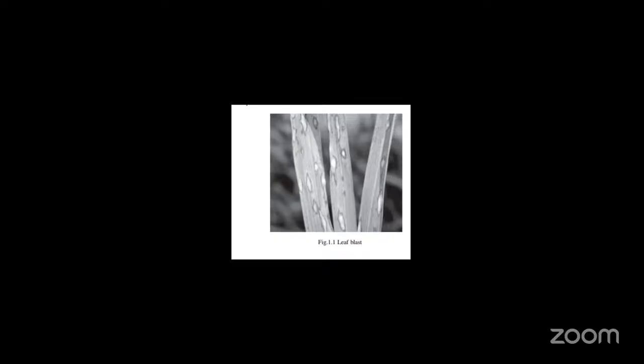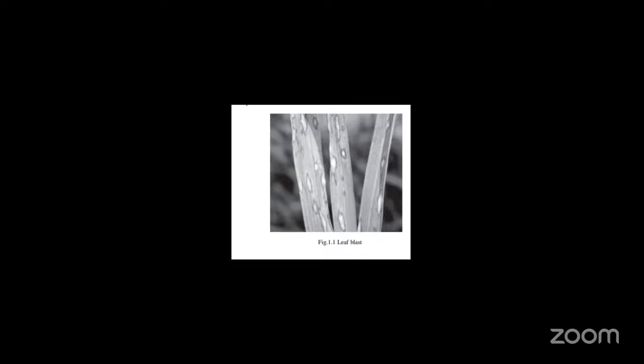The first one is abiotic, meaning non-living, non-parasitic or non-infectious diseases. These are induced by unfavorable conditions of abiotic factors such as soil or air, which include temperature, moisture, nutrition, and toxicity.